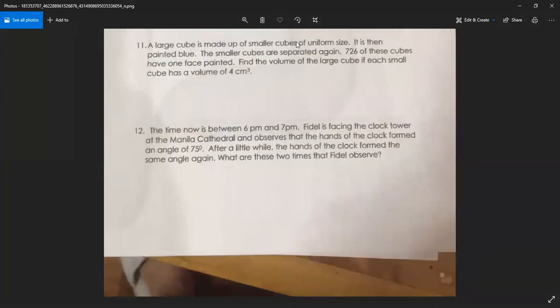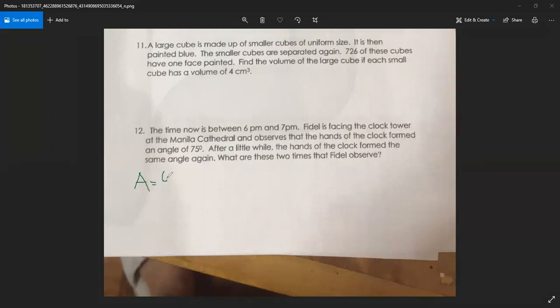So there is a formula for this one and it is not hard to memorize. When we are dealing with the angles in a clock, the angle, let's denote it as letter A, is equivalent to 60H minus 11M divided by 2.